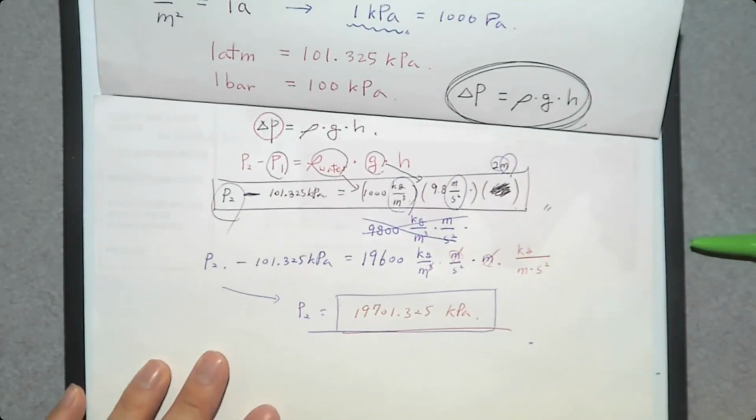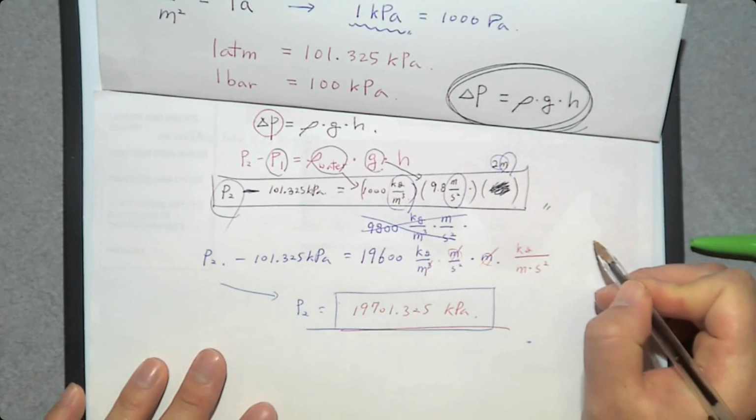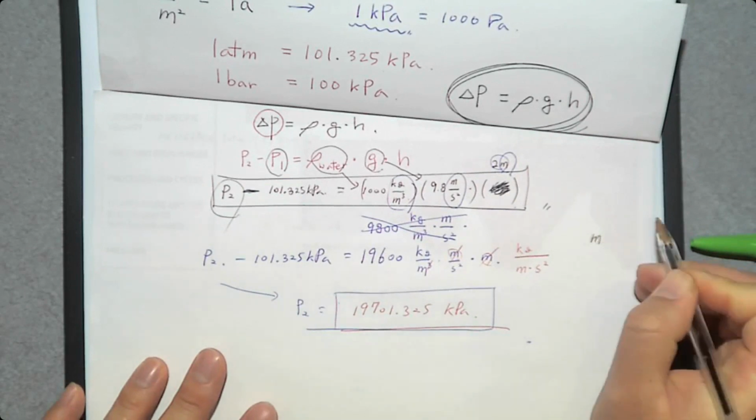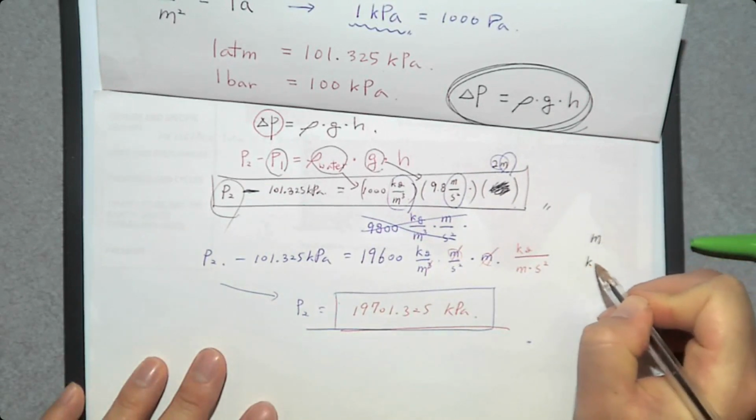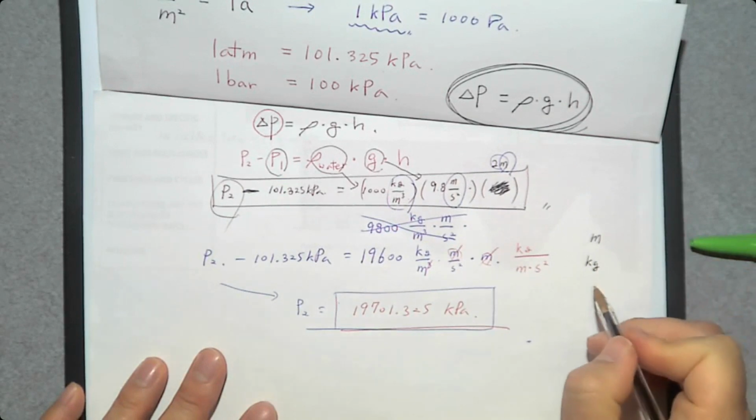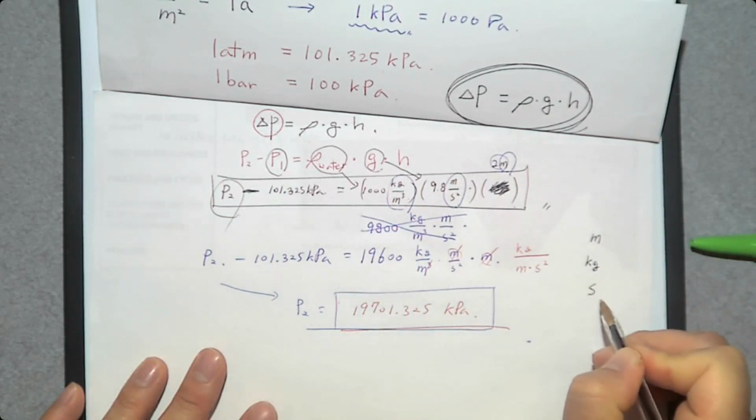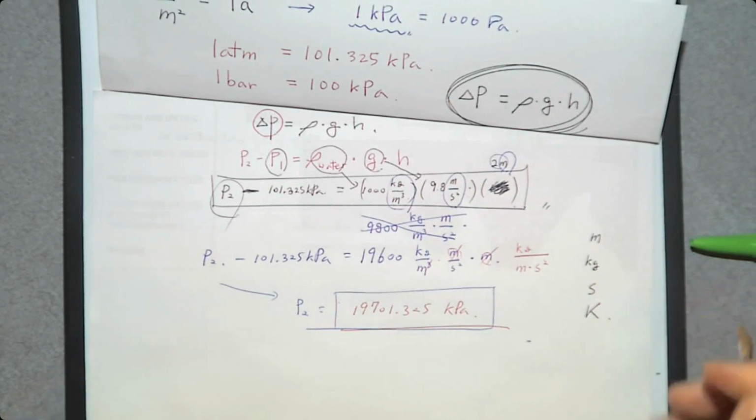Primary dimensions: length, meter; mass, kilogram; time, second; temperature, Kelvin. So let's see. If you look at the units on the right-hand side, we have a kilogram, mass; meter, length; and second, time.